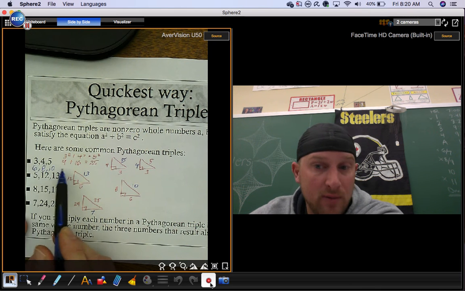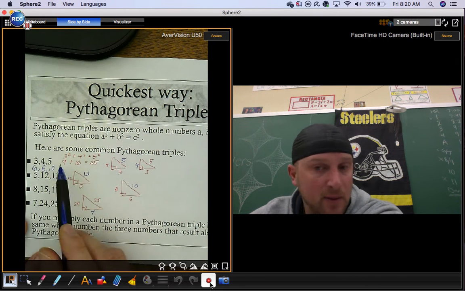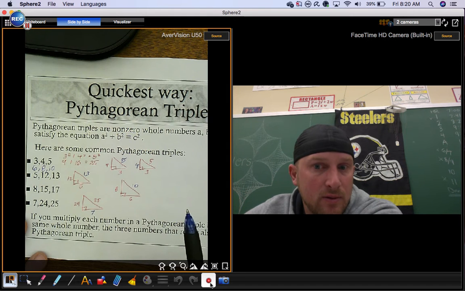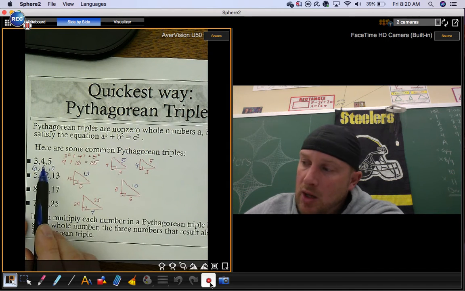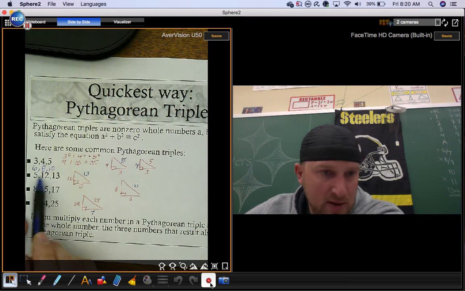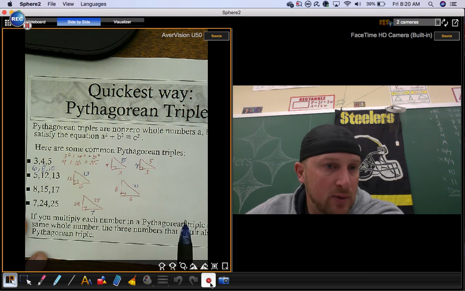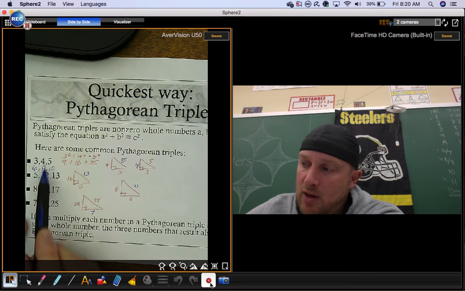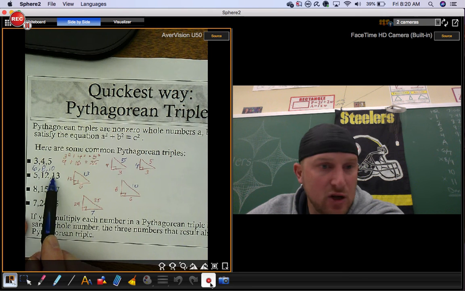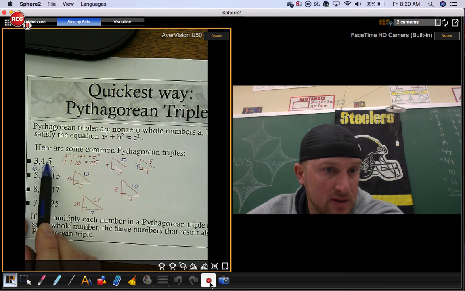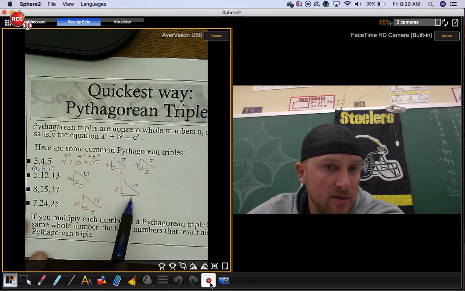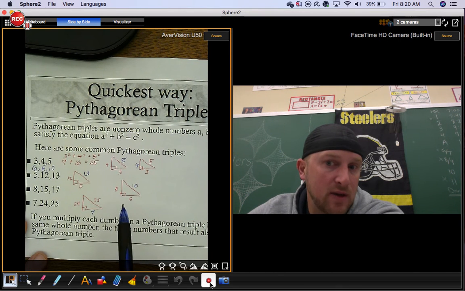You could multiply by 3, or 4, or 5. Multiply them all by that same thing, and you get another triple. If we were to write out every single one of these multiples of a triple, you'd have infinitely many. That's why we don't do it. So you just kind of have to be aware that maybe these numbers go into these lengths, and keep your eyes open for that.